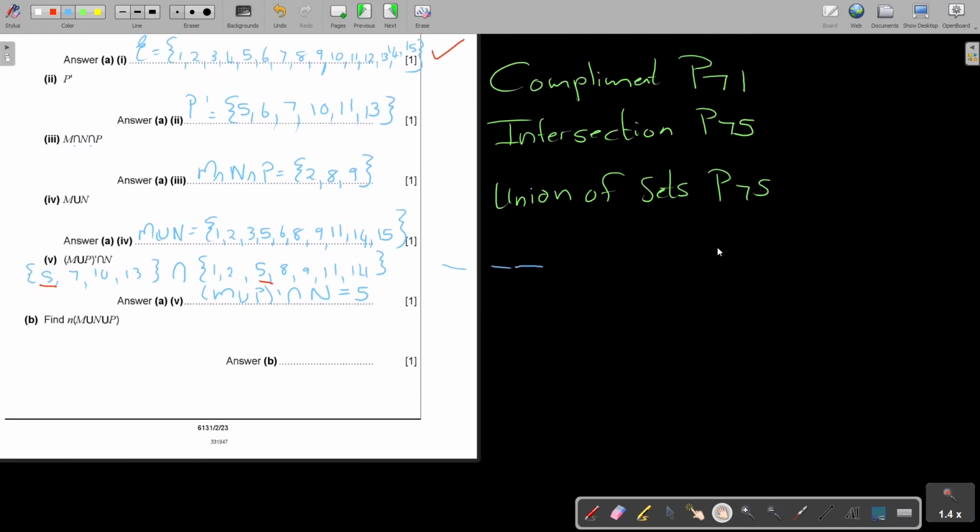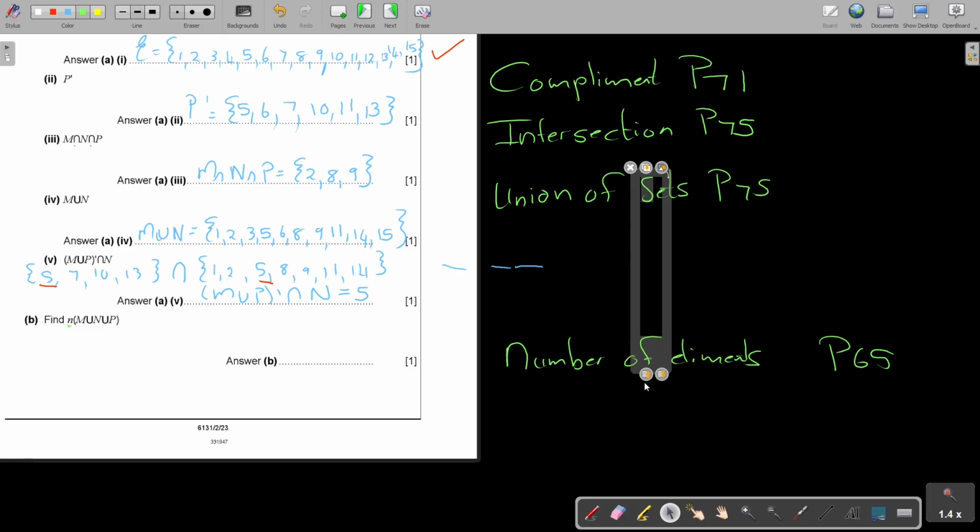And then the last one is the number of elements. That is on page 65, because that n means the number. It means all the elements that you count in the three sets, because it's unions.